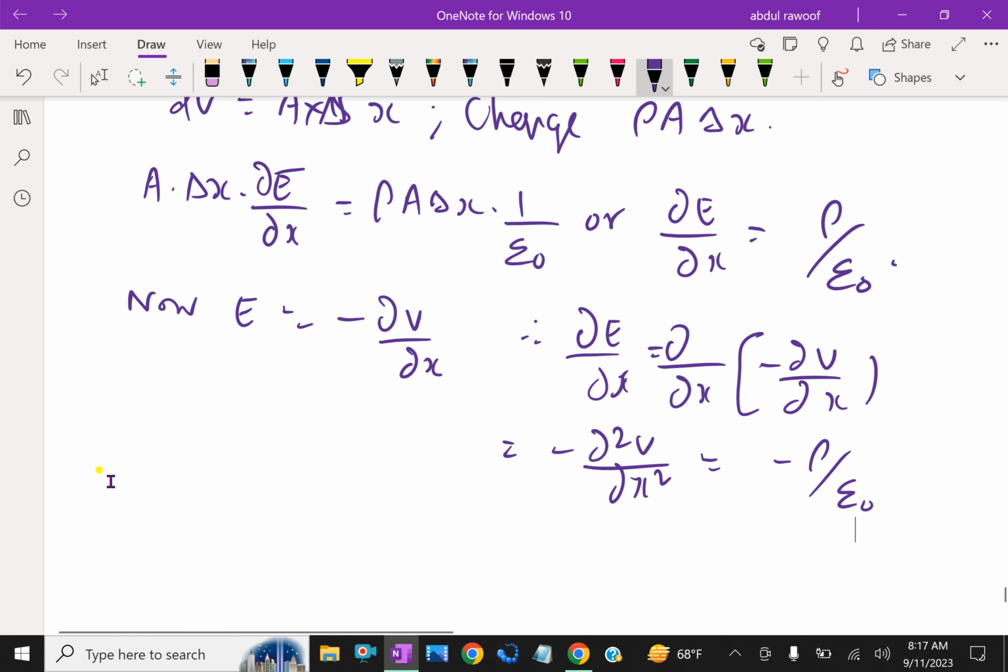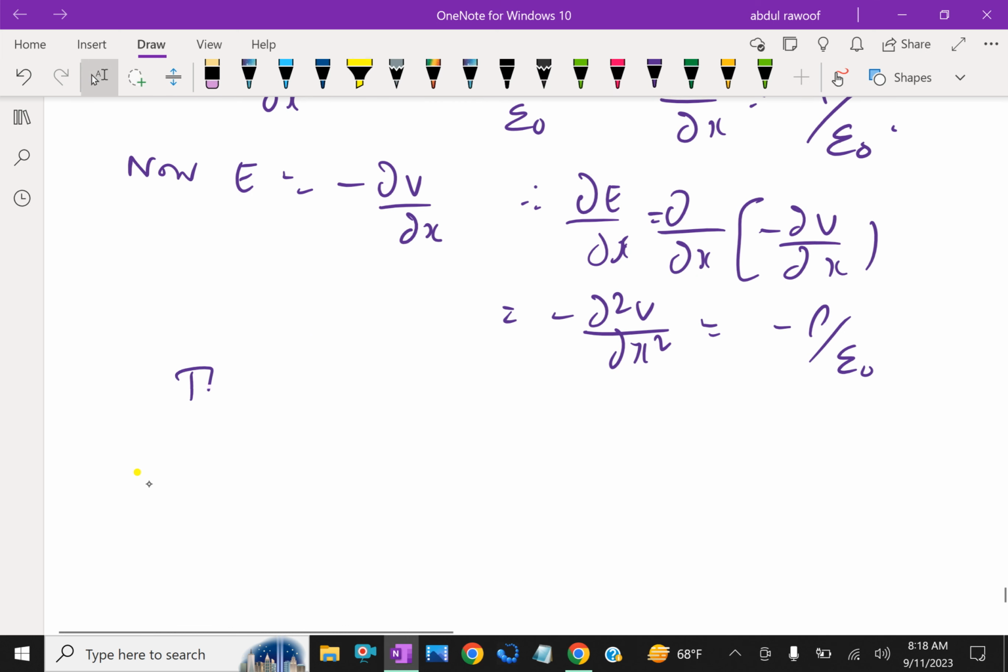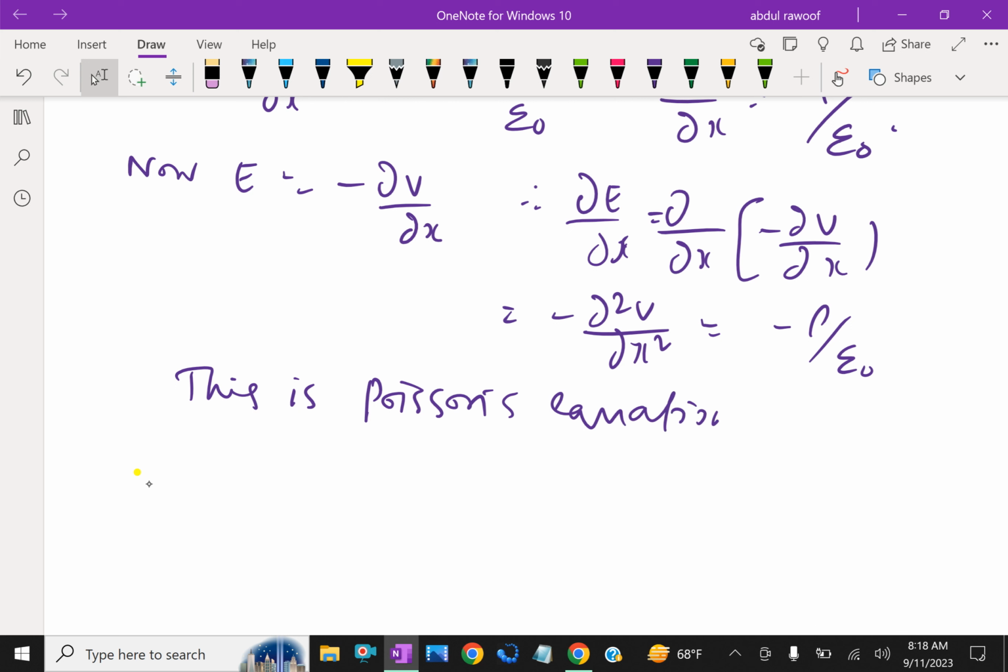This is Poisson's equation of the electric field in one dimension, where potential varies with x.